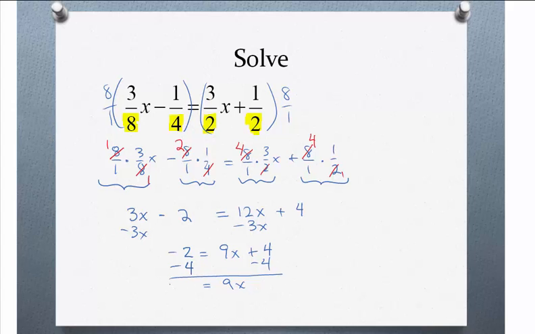So I get 9x equals negative 6. And then I need to divide by 9. Now in this particular case, I get negative 6 over 9, which as a fraction reduces to negative 2/3. Now don't be scared if you get a fractional solution when you have this many fractions to start with. That's really not uncommon.